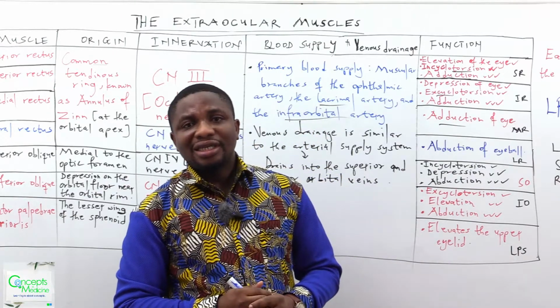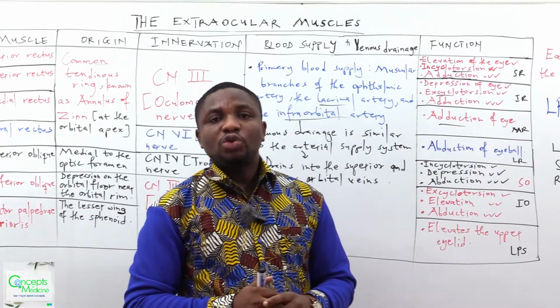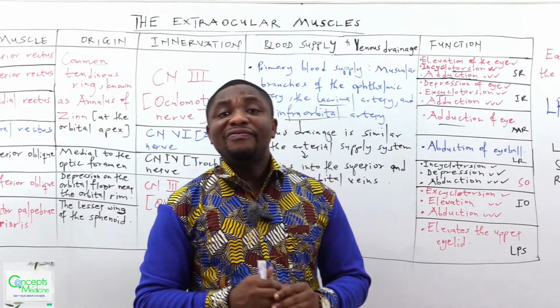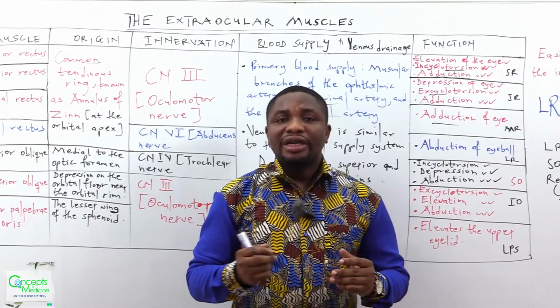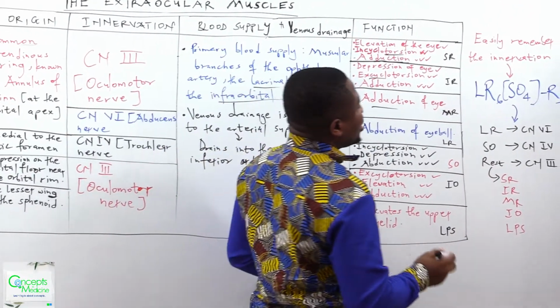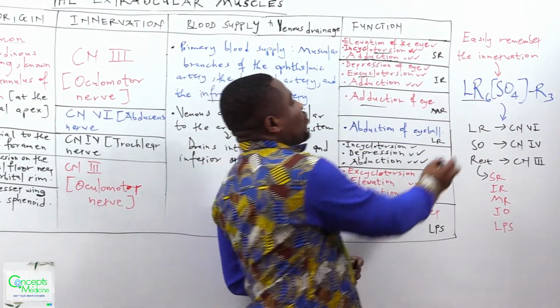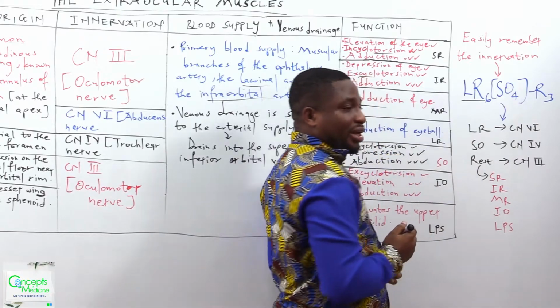In that regard, let's look at an easy way to remember the innervation of the extraocular muscles. And that easy way is to remember LR6, SO4, R3.